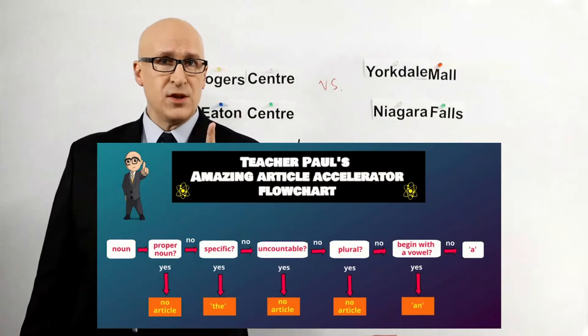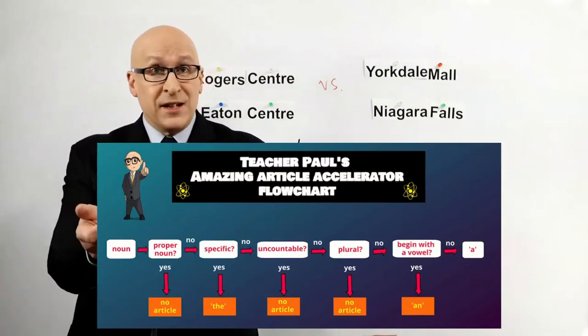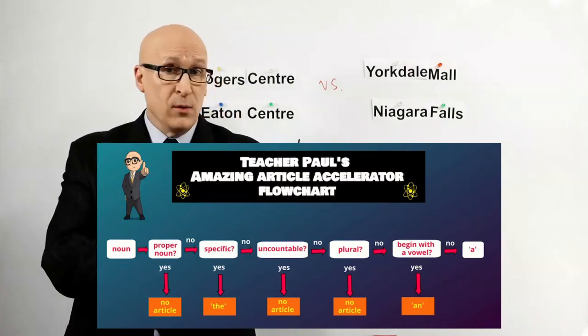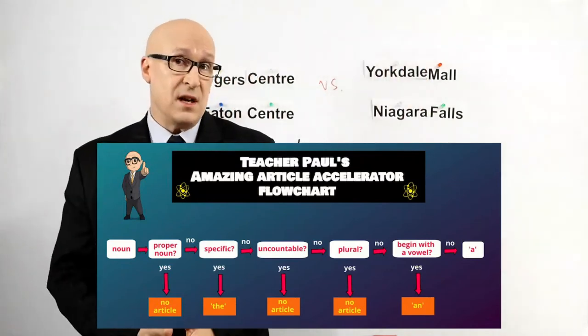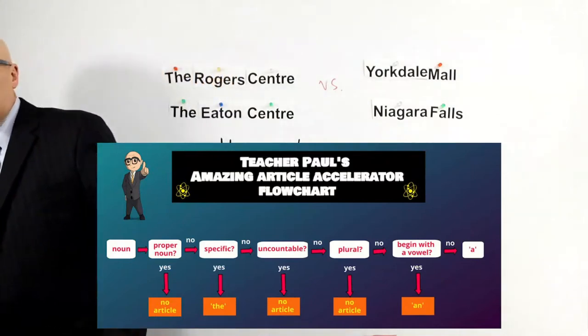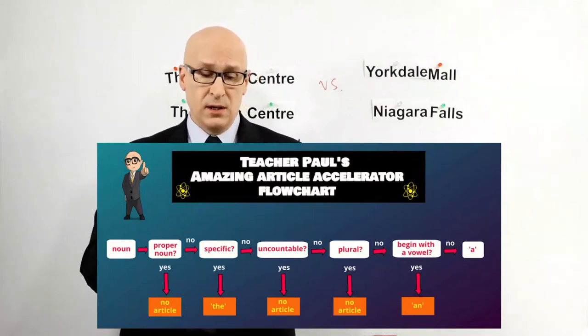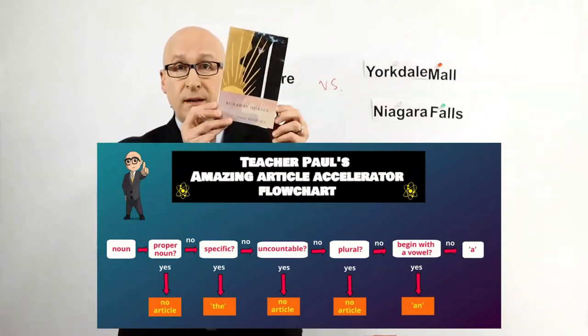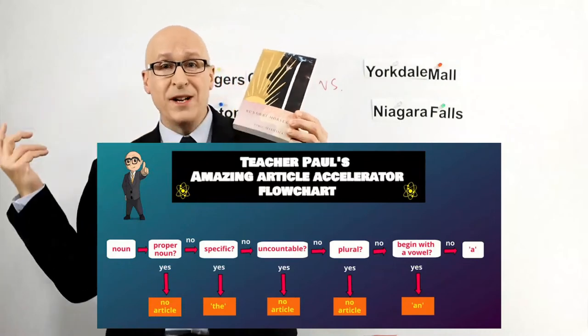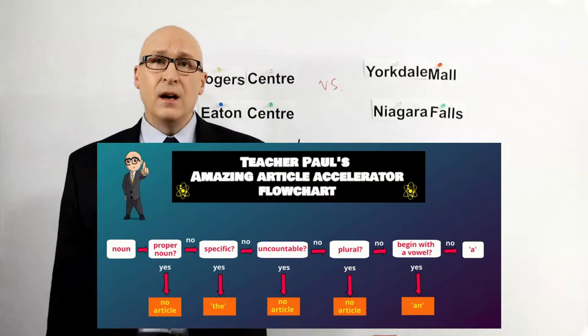So when we go through this chart, the question is, is it specific or not? It's not in the dictionary. It's not a grammar rule. It's the context of your conversation. Okay? So, let me show you the book. Right? The book that I already introduced. Let me show you another book.